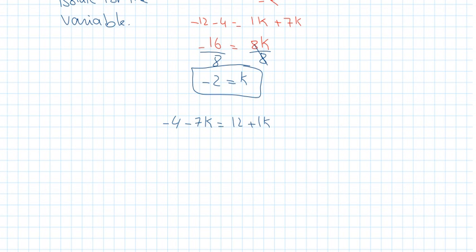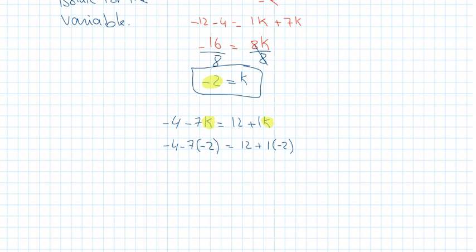So by replacing k with a negative 2, I have to check if the left side is equal to the right side. So I plug in negative 2 for k. That gives me negative 4 minus 7 times negative 2, because I replaced k with a negative 2, equals 12 plus 1 times negative 2. So I replaced the k value with negative 2.